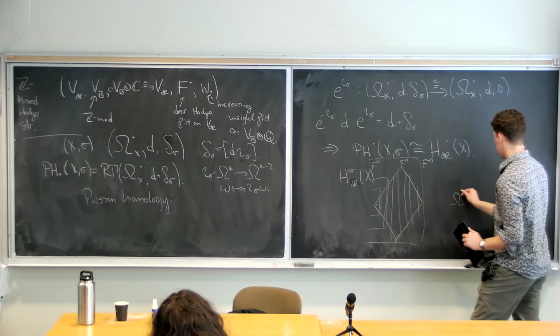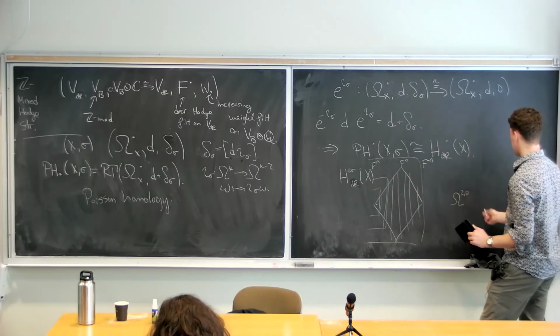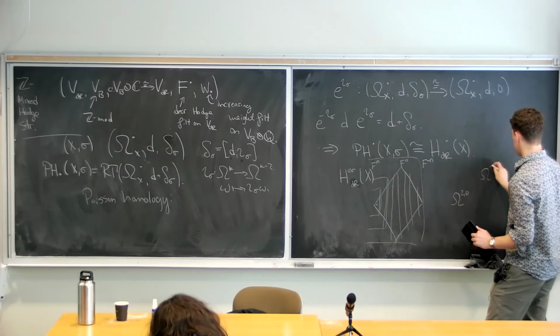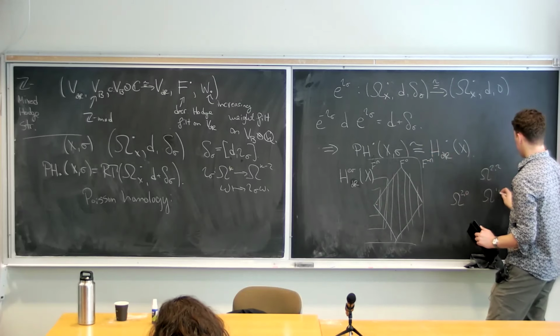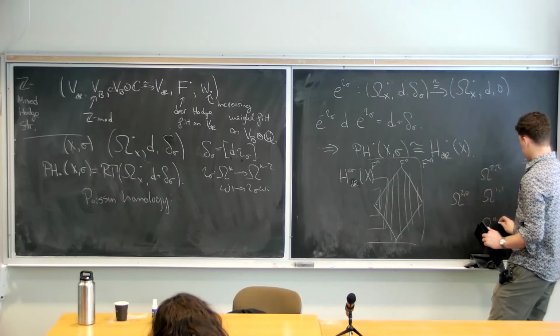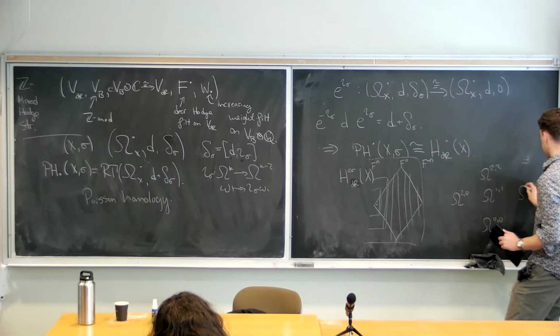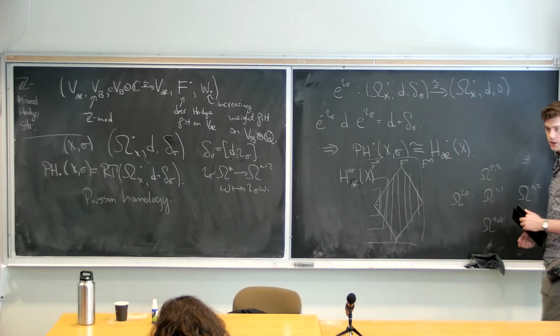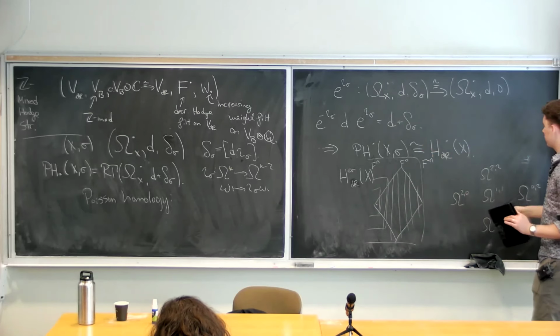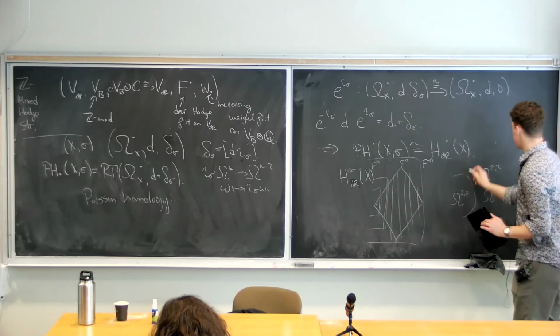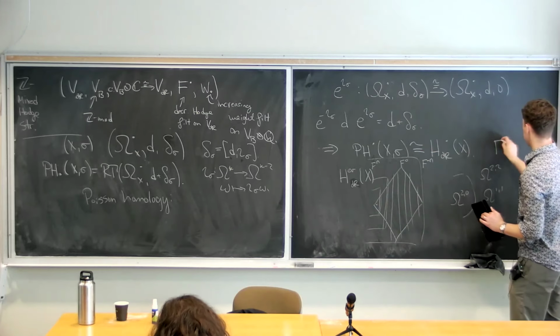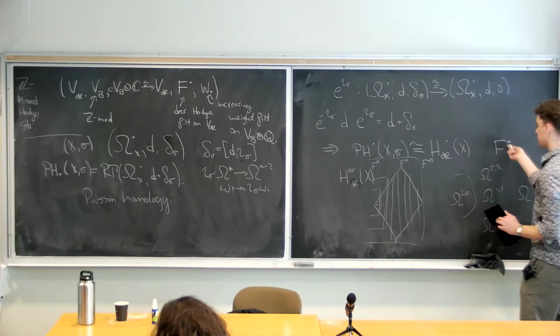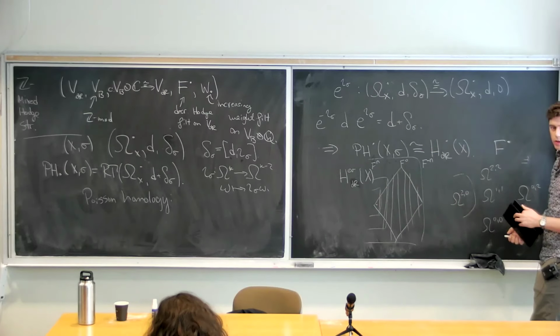So here I'll have omega 2,0, and this will be contained inside of this plus omega 1,1, and then at the end, I'll add omega 0,0 and omega 2,2. So there's a 3-step filtration here, this inside of this, inside of this. I'm going to call this the usual Hodge filtration, and I'll write it like F upper bullet.